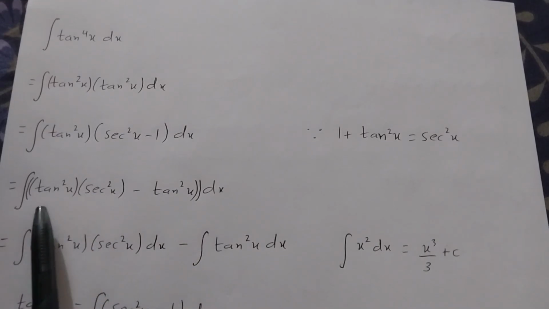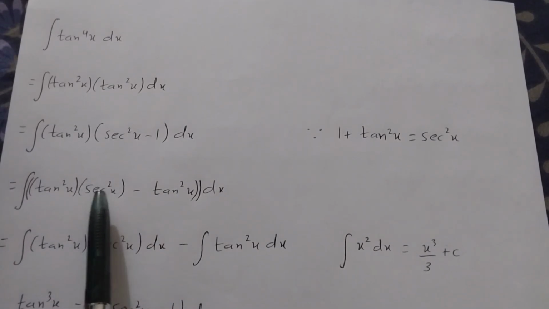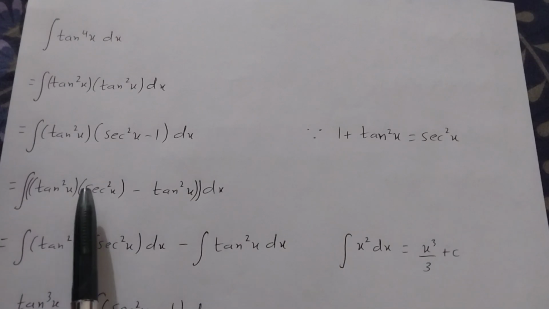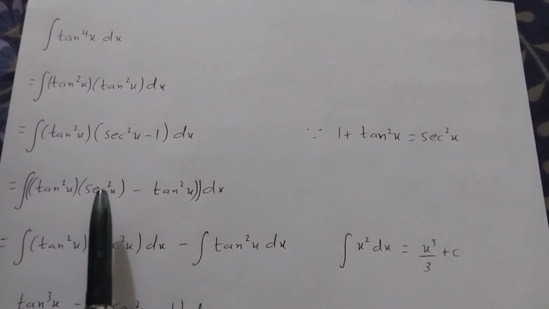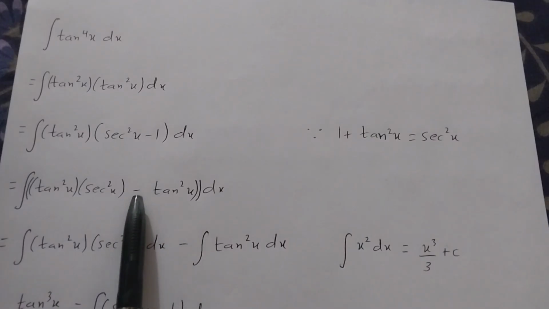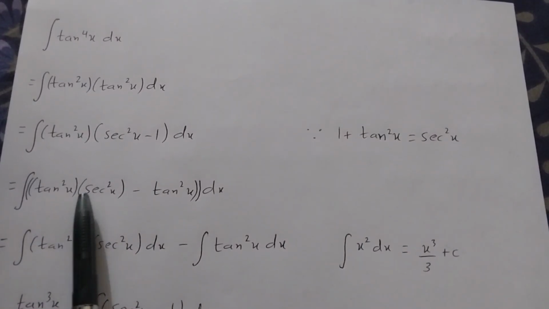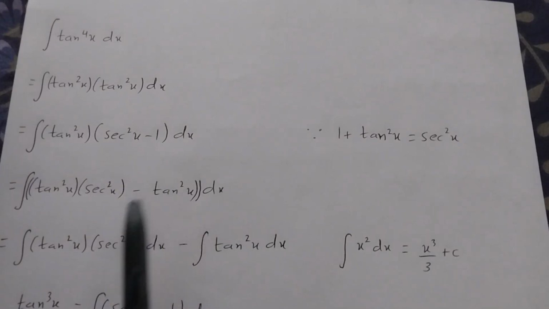We will integrate these two terms separately. And we can do that because the integral is a linear operator, and it can distribute itself on the terms separated by minus or plus sign. So we will integrate this separately and this separately.